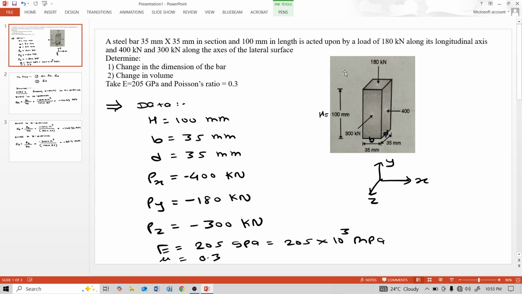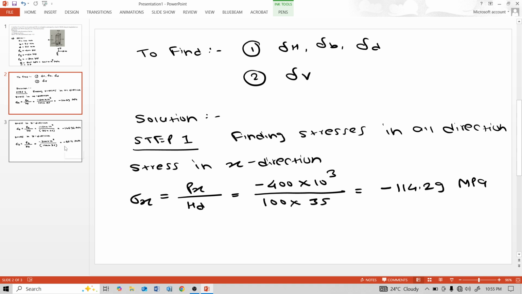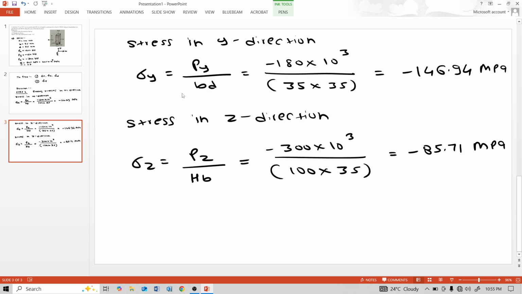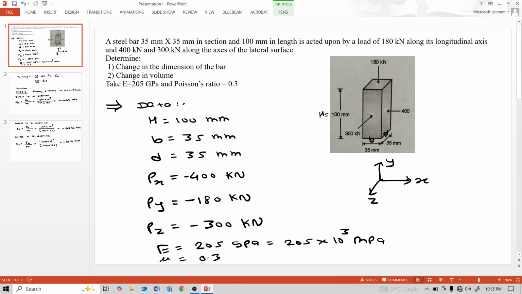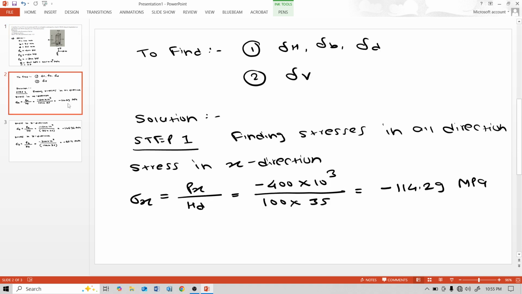Load acting on y direction 180 kilonewton and stress acting on y direction minus 146.94 MPa. Load acting on x direction 400 kilonewton and stress acting on x direction minus 114.29 MPa.